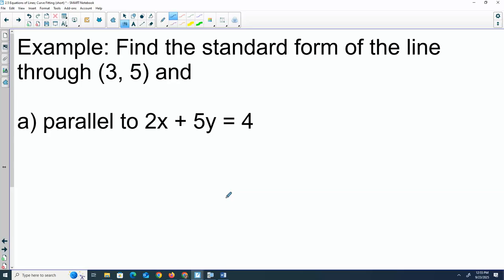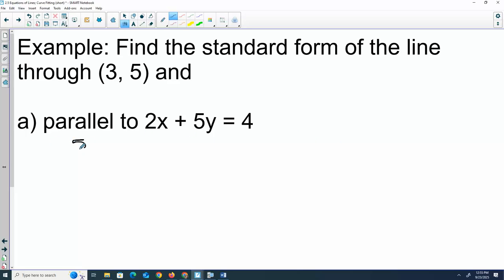So let's try a couple examples. I want the standard form of the line. What's standard form? Ax plus by equals c. Of the line going through the point (3, 5) and parallel to the line 2x plus 5y equals 4. So if it's parallel, we need to get our slope.